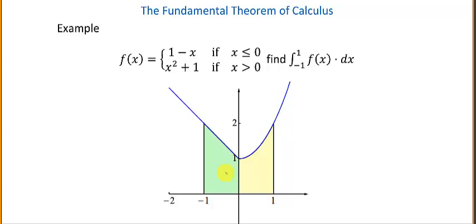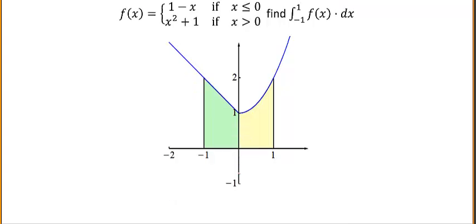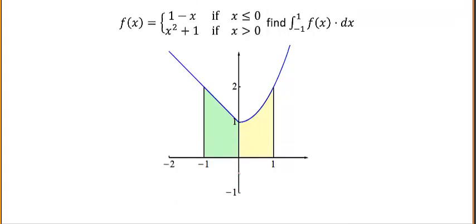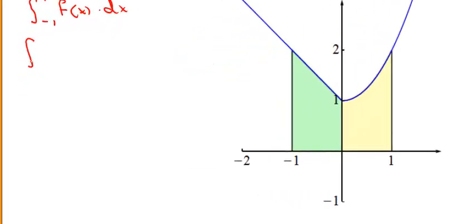Well, of course, right in the middle of that interval is where this thing splits, okay? So let's see, how would we do that? I'm going to do this off to the side here. The definite integral from -1 to 1 of f of x times dx is equal to, now remember we had that property, the integral from a to b plus the integral from b to c is the integral from a to c. Well, we have a to c, and we can split that up, a to b and b to c.